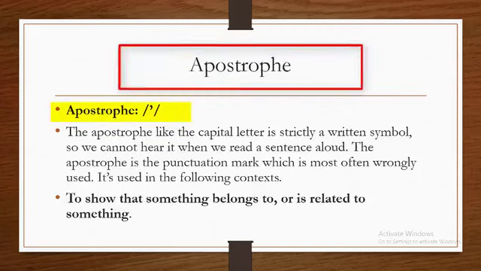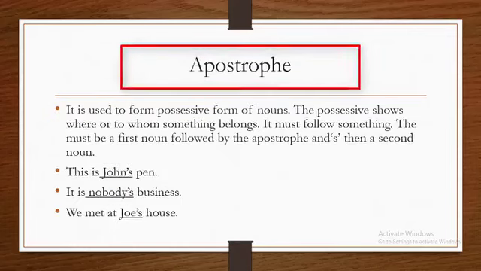Then we move on to the apostrophe. The apostrophe is used to express what you call the possessive case, to show ownership or that something belongs to someone. We use it to form the possessive case of nouns. This is John's pen.